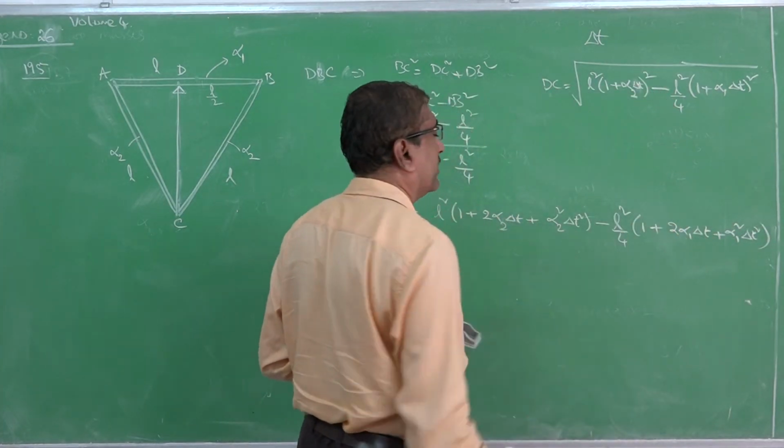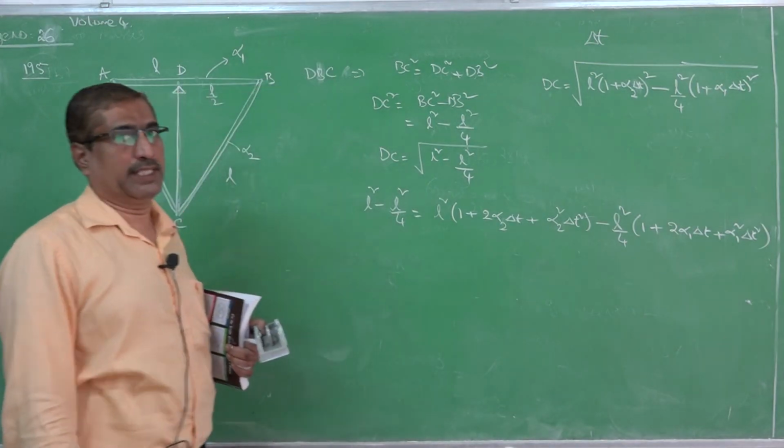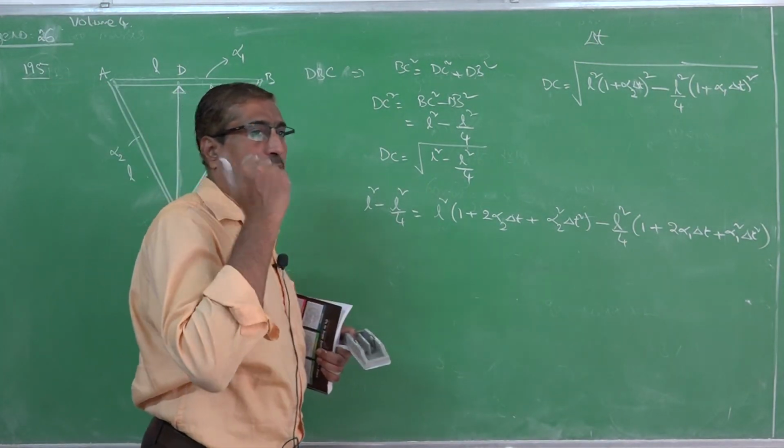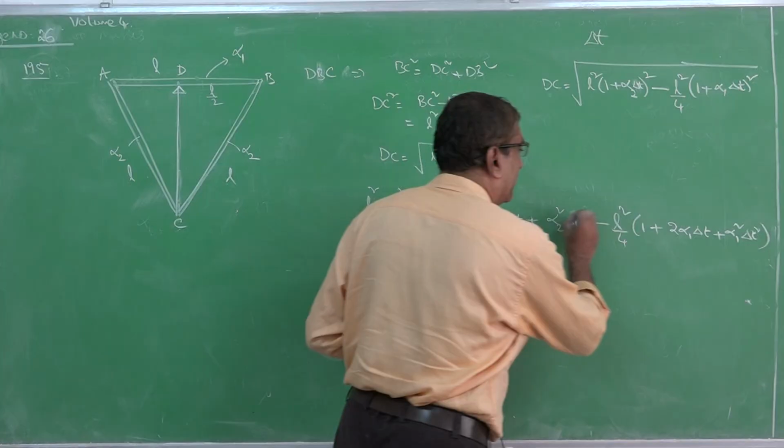But actually alpha square will be in the order 10 to the power minus 6, so squaring means 10 to the power minus 12. So these two terms can be neglected.